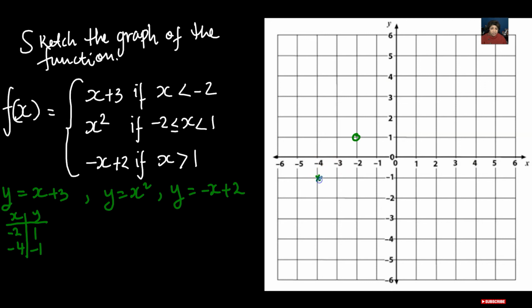So that's just a point that I need to plot. So anything that is less than -2 is valid. That means we're going to have a line which goes on this way forever. Again, we can see the gradient is 1 here, so mx plus c. That line is done. Now let's go ahead and draw our next function.